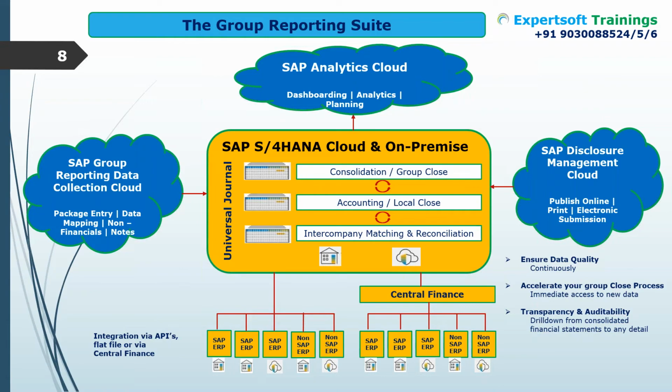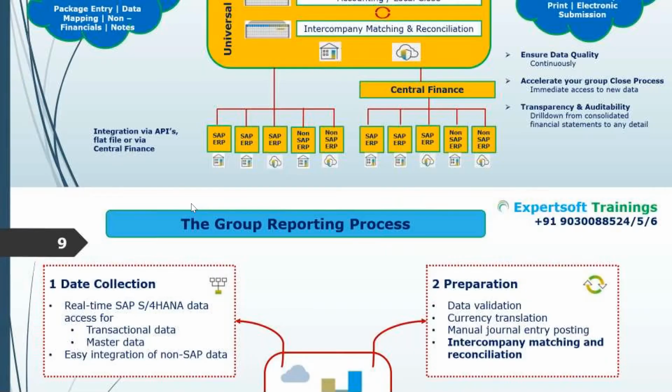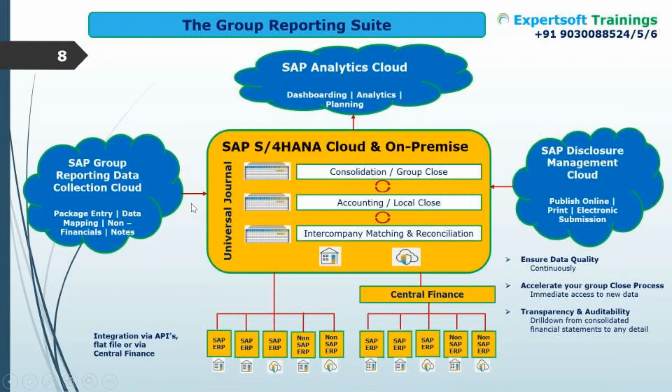I'm talking about these boxes, the left side boxes in the orange bar at the bottom. As I said, API. You can use either API or a flat file. So you have multiple options to bring the data finally into the group reporting.